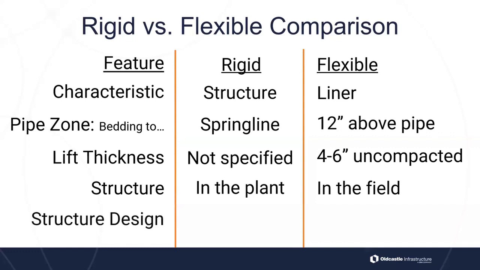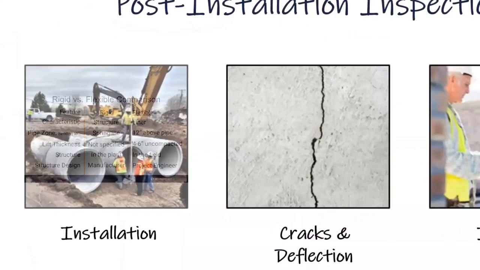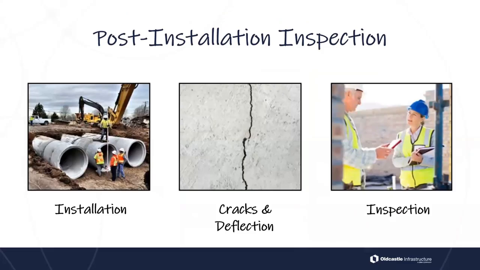Now, who's responsible for the design? In rigid pipe, we know that the manufacturer is responsible to provide that structure and to design it and make sure that it will meet the loads. With flexible pipe, it is the project engineer who is responsible to do the structural design. Okay, so that's a quick, really down and dirty summary of installation and the differences between rigid and flexible pipe.